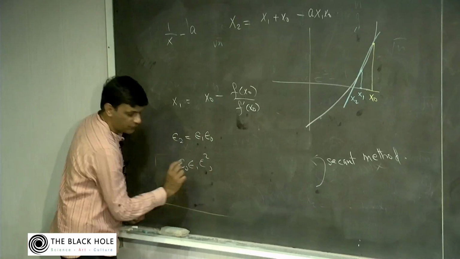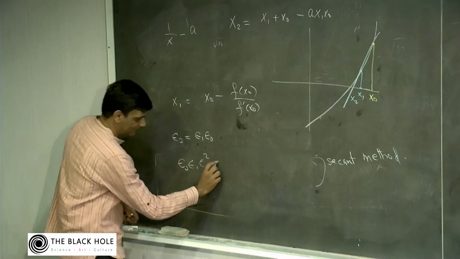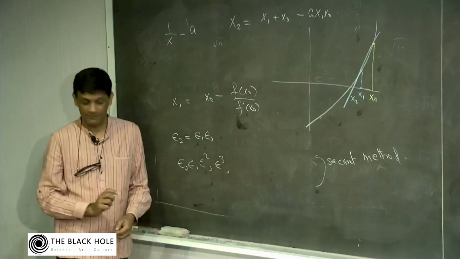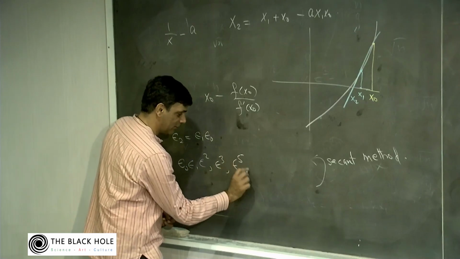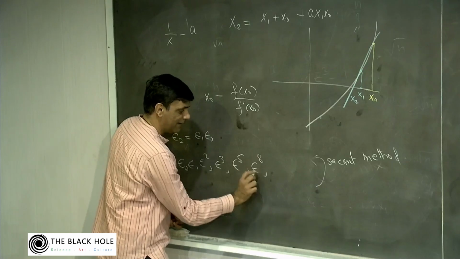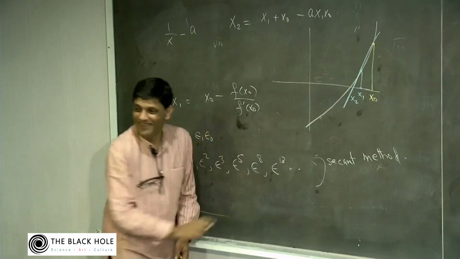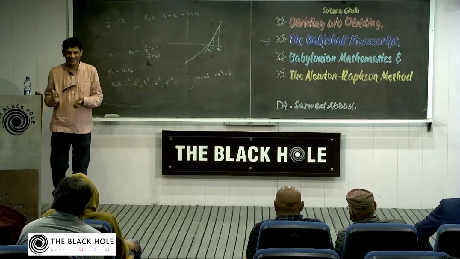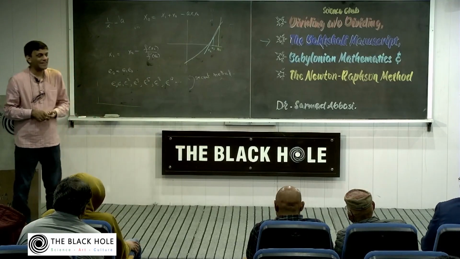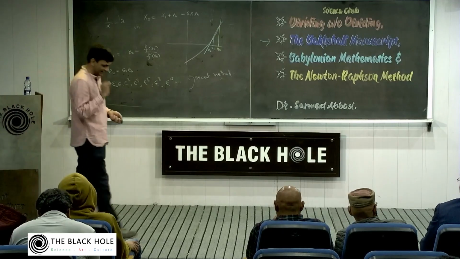What would be the next one? And the next one? 5. And the next one? So Fibonacci strikes again. The error goes on as Fibonacci numbers.